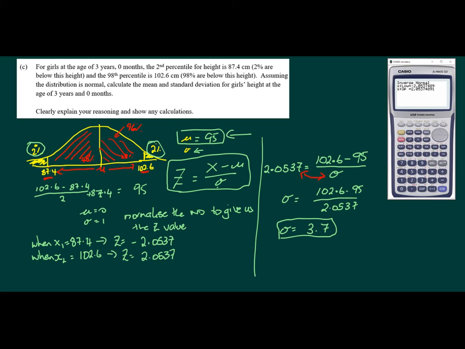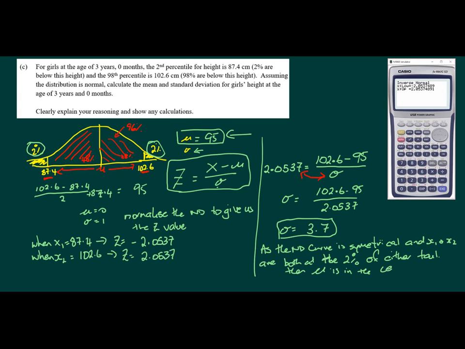Something along the lines of: as the normal distribution curve is symmetrical and x1 and x2 are both at the 2% of either tail, then the mean is in the center.